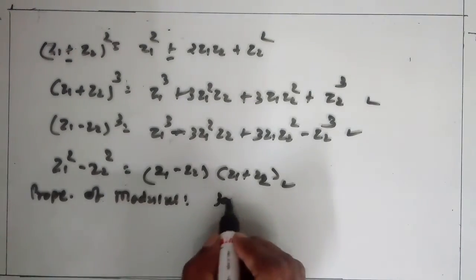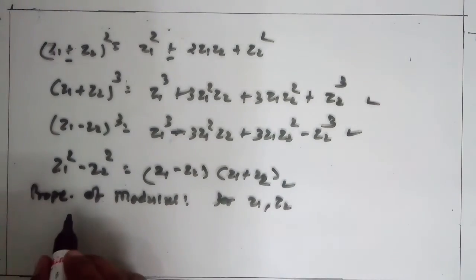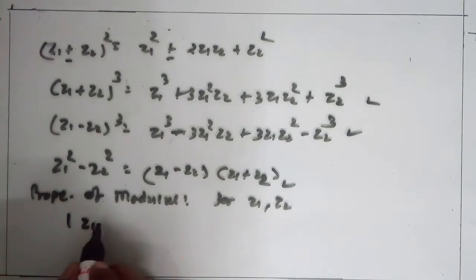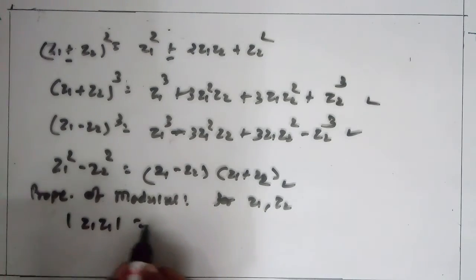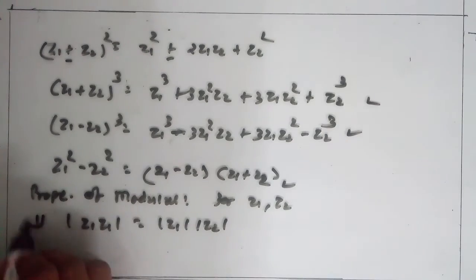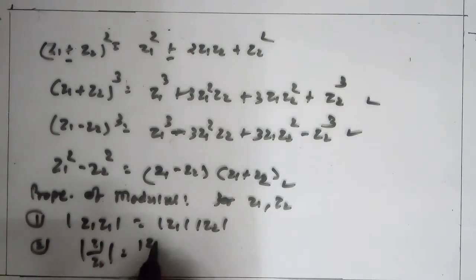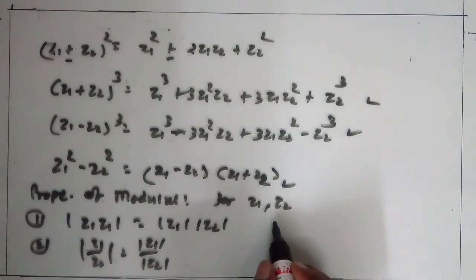For z1, z2 two complex numbers, first property: magnitude of z1 into z2 is equal to mod of z1 into mod of z2. First property. Second property: mod of z1 upon z2 is equal to mod of z1 upon mod of z2. Second property. Clear?